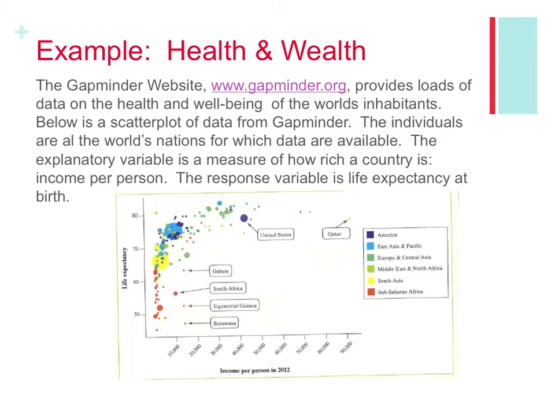Okay, so this is a scatter plot that's providing data on the health and well-being of the world's inhabitants. The individuals are the world's nations. The explanatory variable is a measure of how rich a country is, based on income per person. The response variable is the life expectancy at birth.